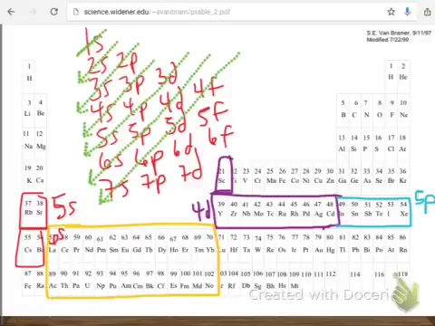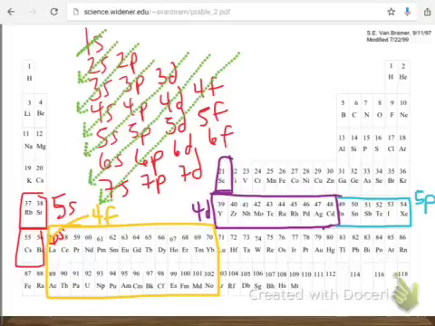So here we start filling 4F. And how many orbitals do we have in an F subshell? We had 1, 3, 5, we have 7. 14 electrons.